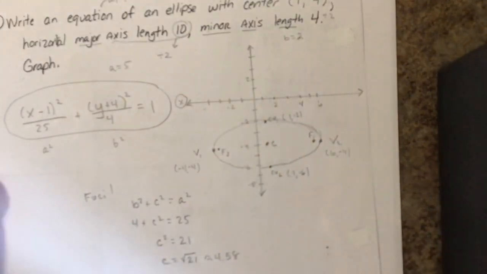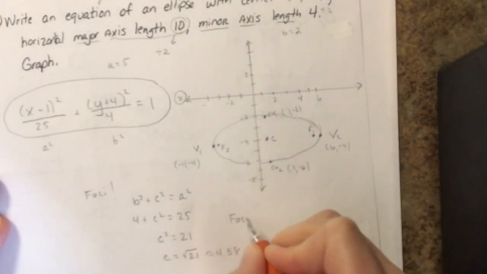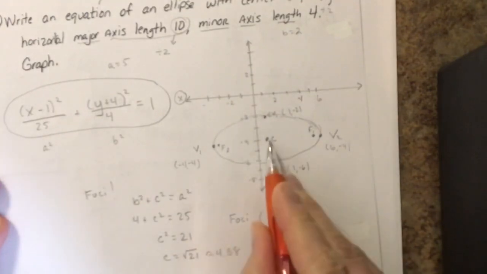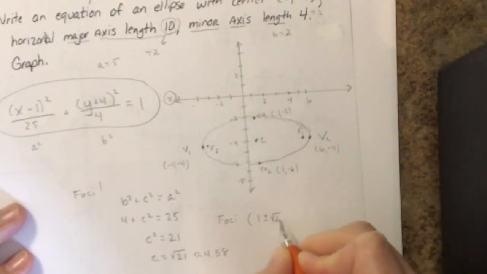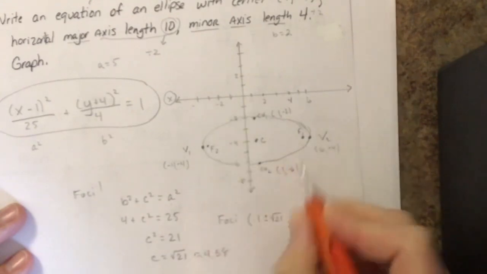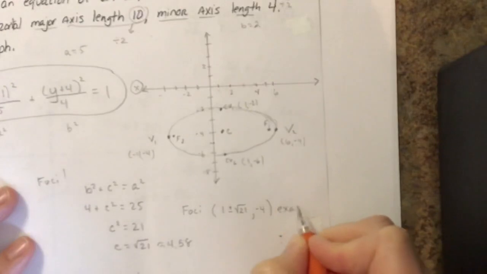Now, what are those? The exact foci are, you start at 1 and go plus and minus the square root of 21, and then the y value is negative 4. This is the exact foci.